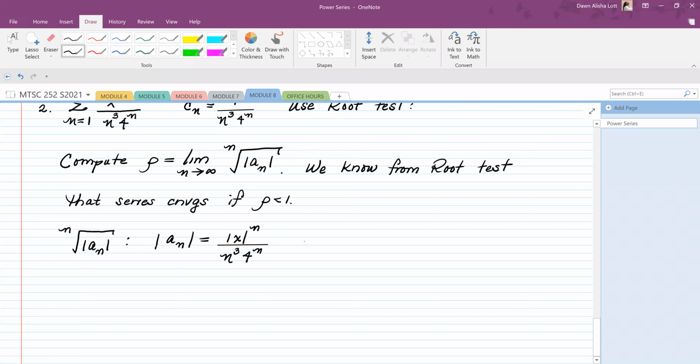Now if I want the nth root of that, I take the absolute value of a_n and raise it to the 1 over n power.